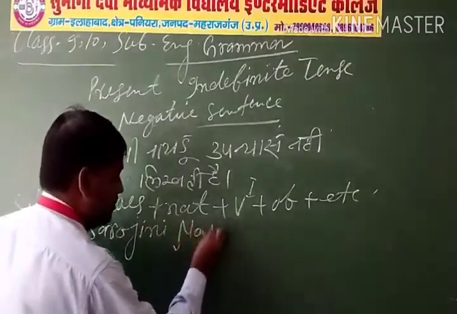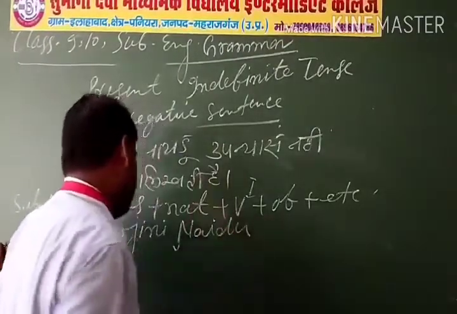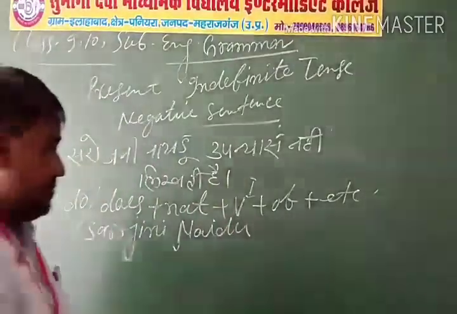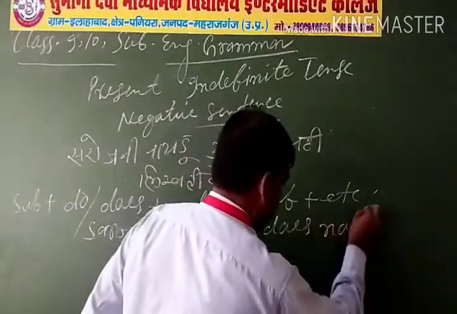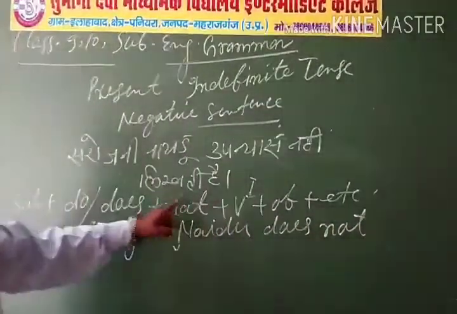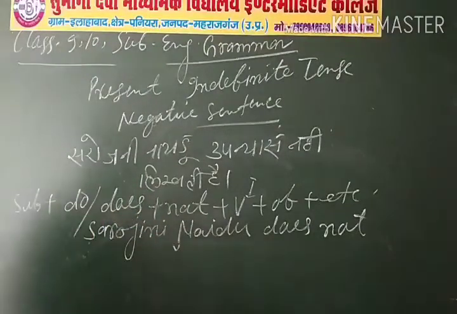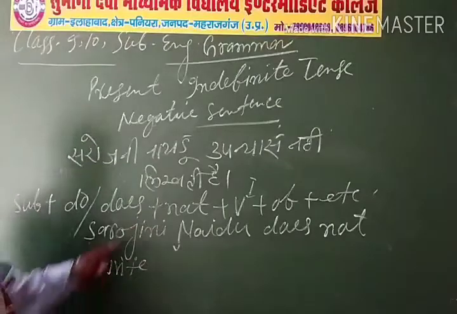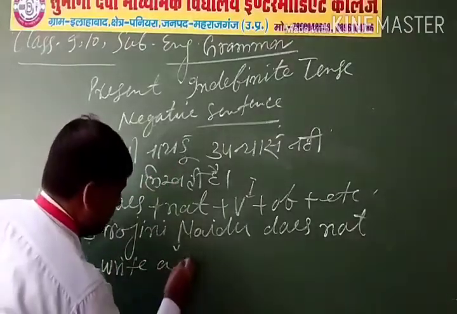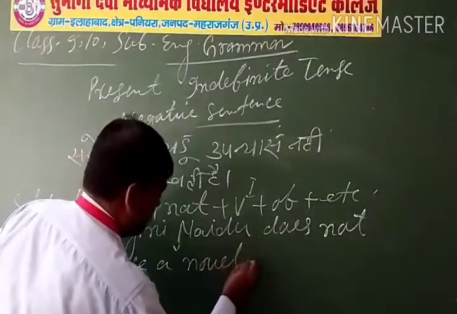Sarojini Naidu. Here Sarojini Naidu is a singular subject, then does not, and after then the verb's first form, likhna, write, उपन्यास, novel.